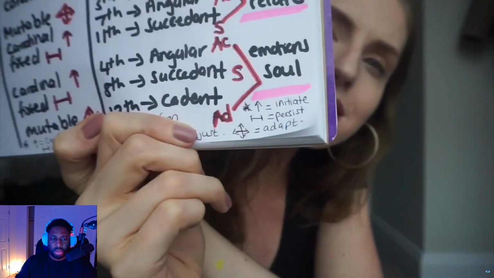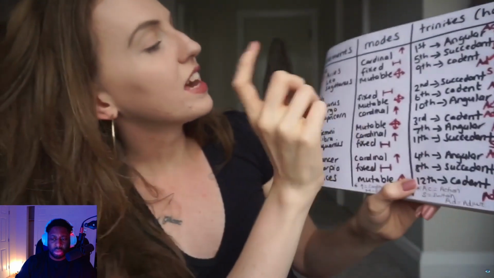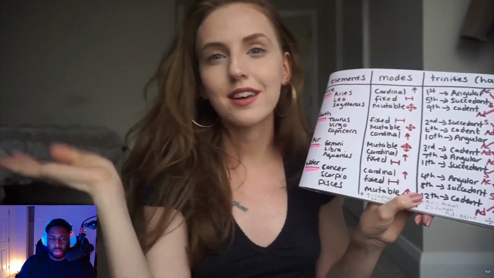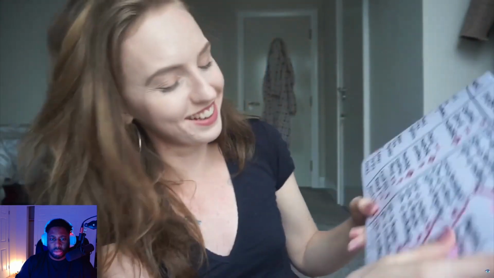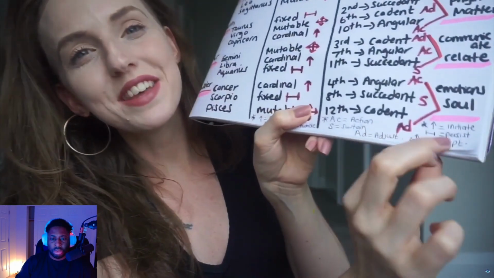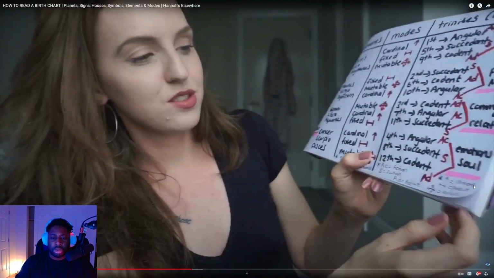Maybe I should just show you guys. Oh, yes, okay. And then with mutable, I've done all arrows, like which way, which direction are we going? That's why in the thumbnail for my mutable signs video, I was like, which way are we going here? And I put that as adapt. Okay, so cardinal is like start something, and then fixed is like keep something exactly the same, don't change anything.